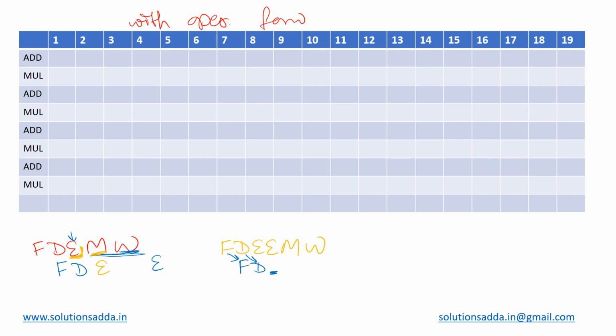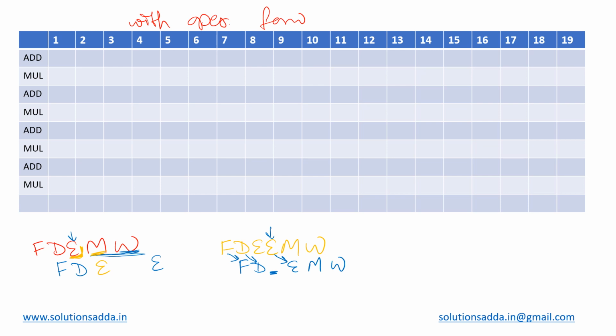But here we cannot execute it because the previous is still in the execute state itself. So we'll wait in this cycle and execute it here. Then memory access followed by the write back. So this will save us a few cycles. So let us fill the table in the same way for this one, and see how many cycles it takes.